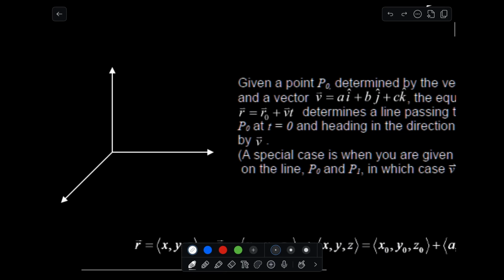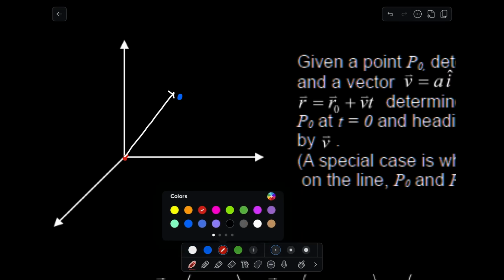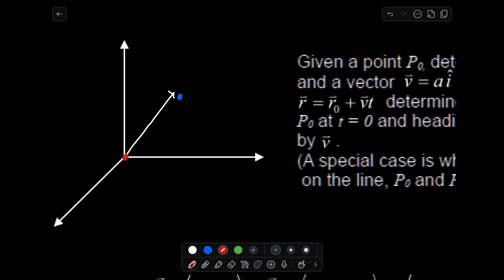For example, let's say we have a point at the origin right here. Let's say we have a point up in space right here, right? So if I extend out this line further, we're going to call this the origin, 0, 0, 0.